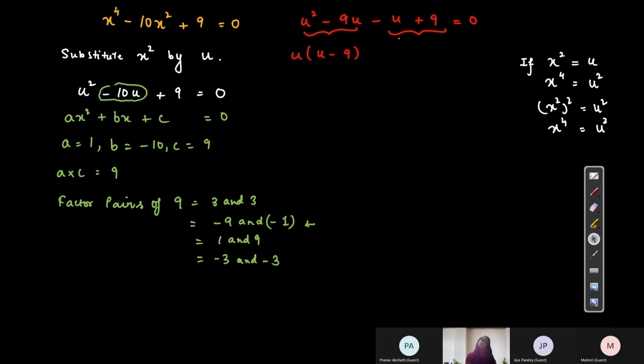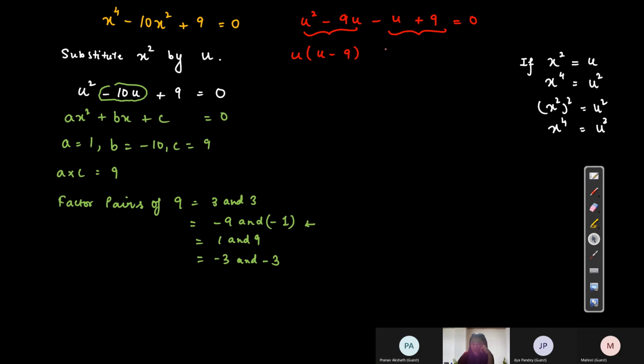Mai, what do you think? What is the common factor for negative u and positive 9? Or anyone can tell if you guys know. Pranav? Negative 1.